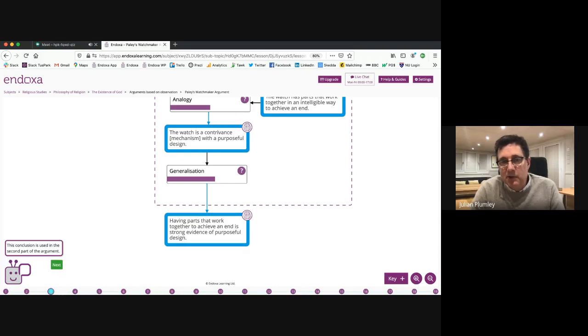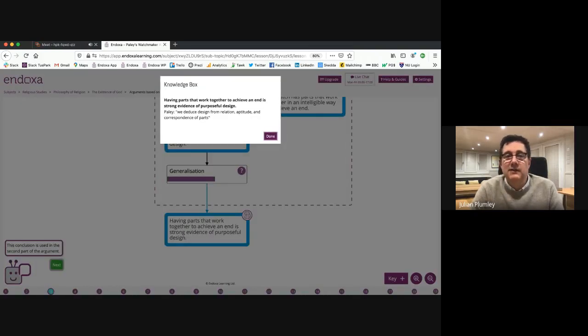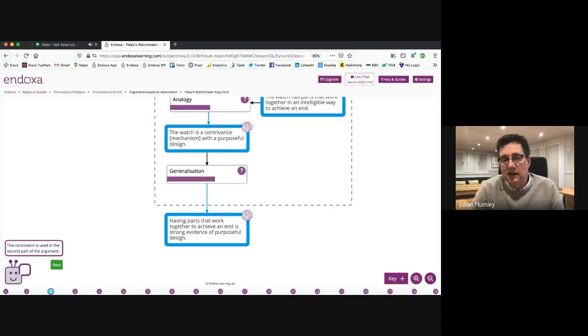And in these little brain boxes, I put some of his quotes here. So you can see the quote from Paley: we deduce design from relation, aptitude, and correspondence of parts. So where you see something that has parts that are clearly put together to work together, there seems to be a purpose to their design.